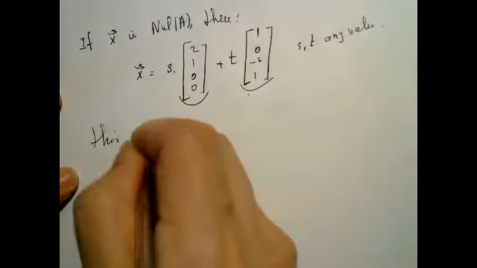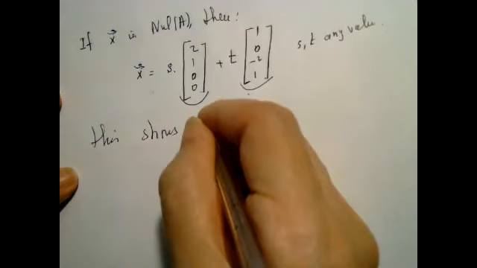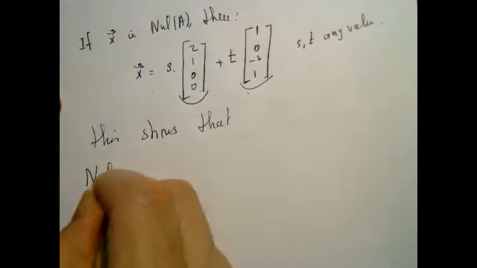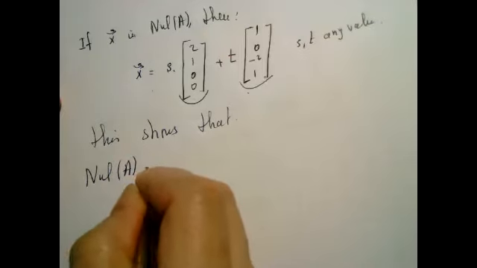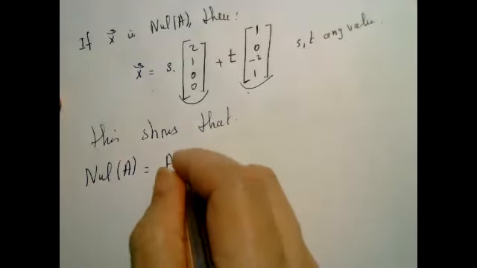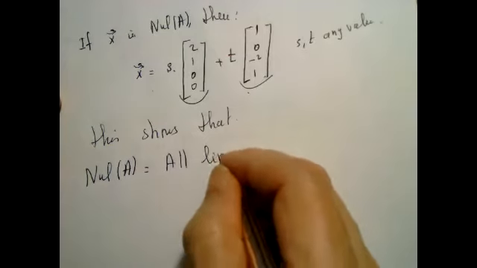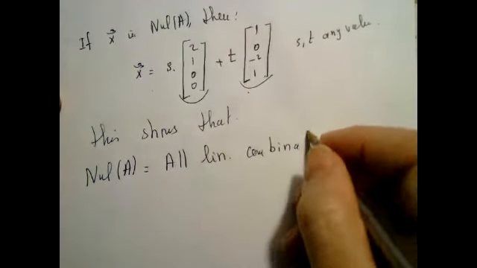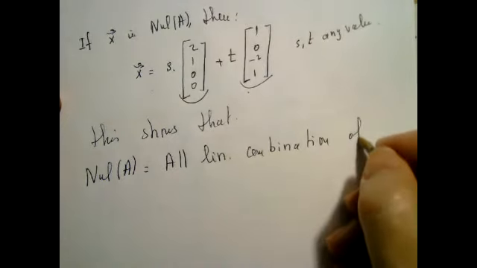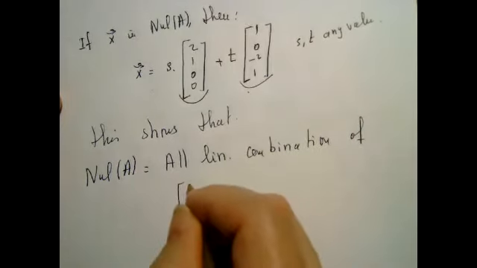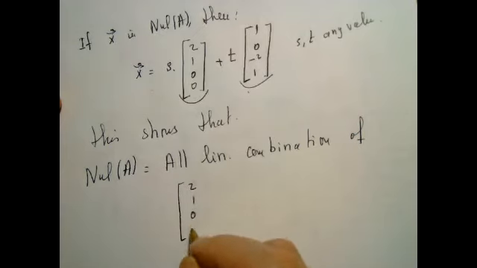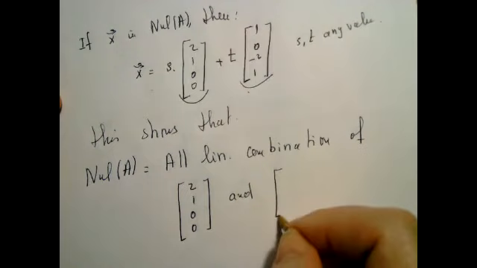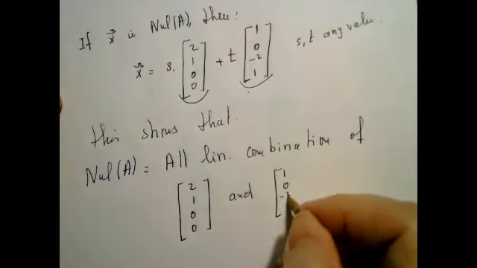This shows that the null space of A is all linear combinations of the vectors 2, 1, 0, 0, and 1, 0, minus 2, 1.